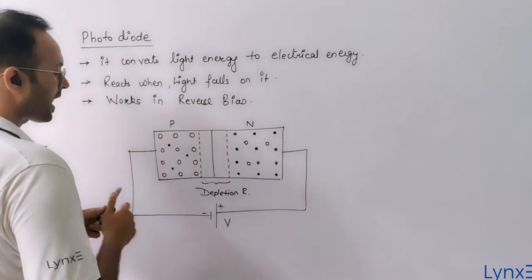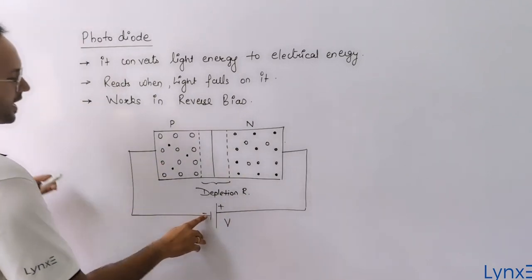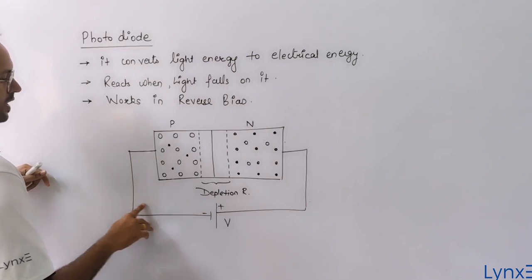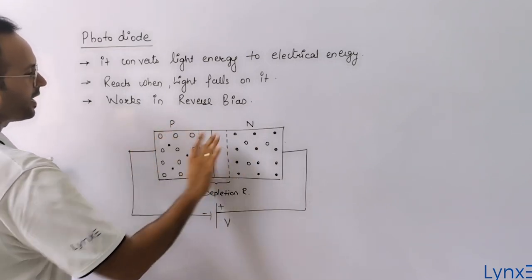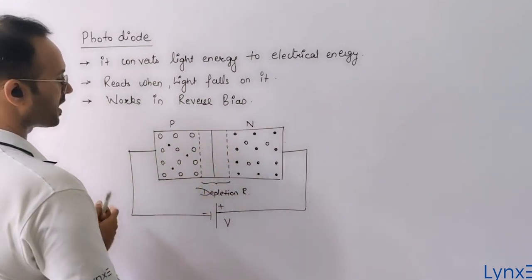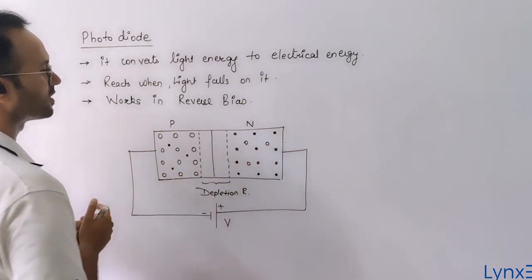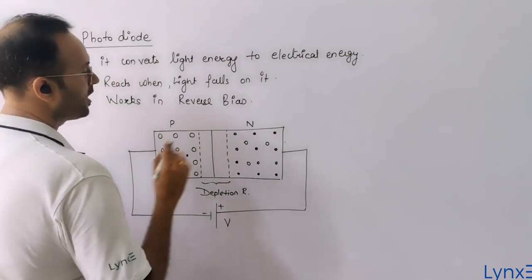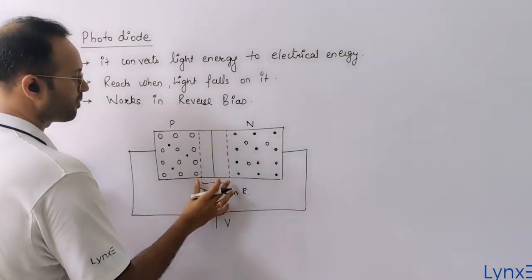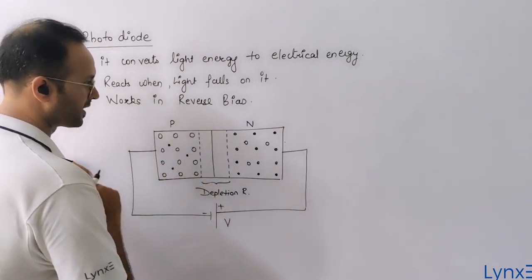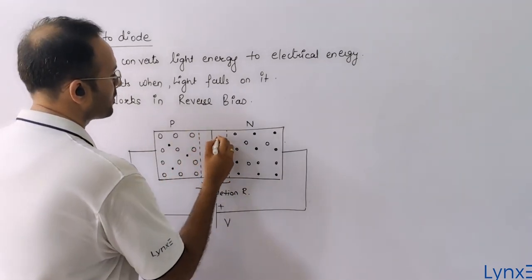As P is connected to the negative terminal, the electrons from here will be repelled and they will cross the junction and enter the N region. In a normal PN junction diode, the depletion region is depleted with ions.